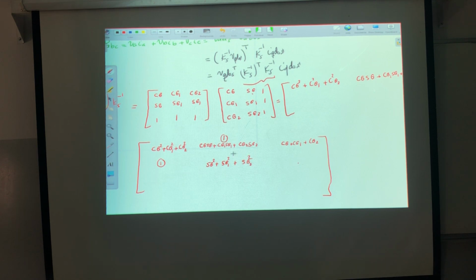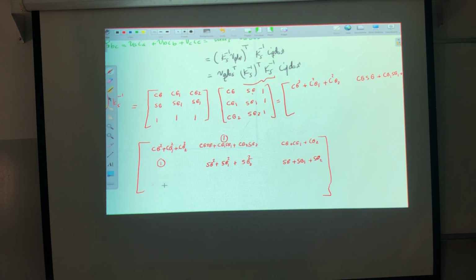This one will be the sine, correct? Sine theta plus cosine sine theta 1 plus sine theta 2.